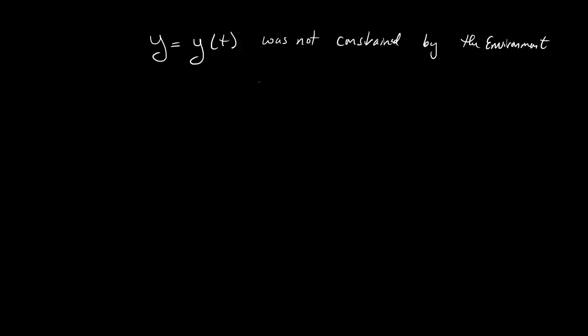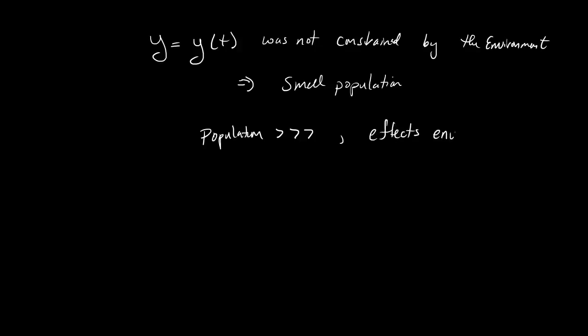And this is a fair assumption as long as we have a small population, because the effects of the environment become much more important as the population grows. So as the population gets larger, the effects of the environment will have an impact on how fast that population can grow.